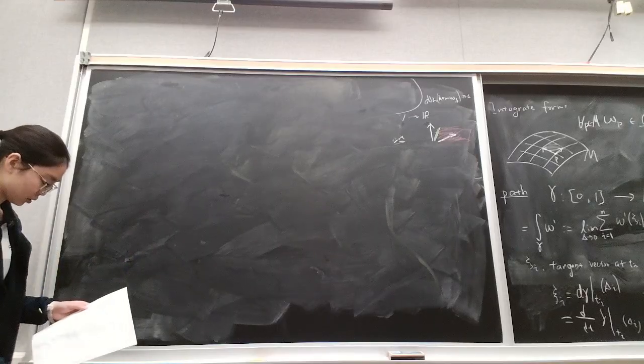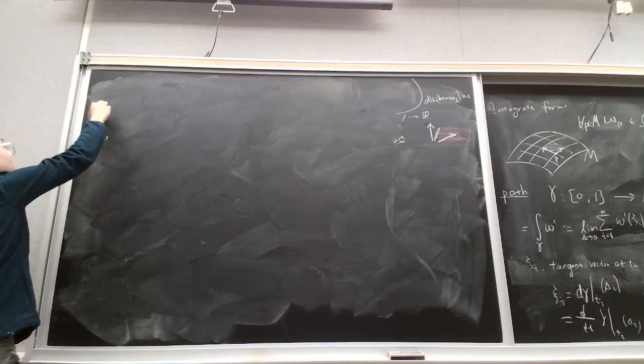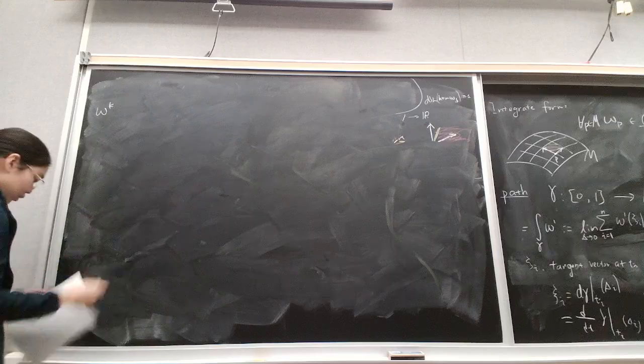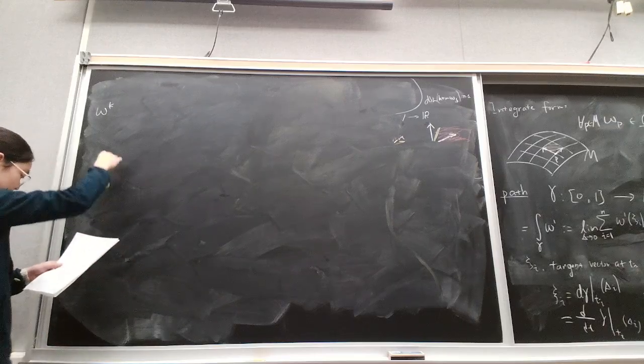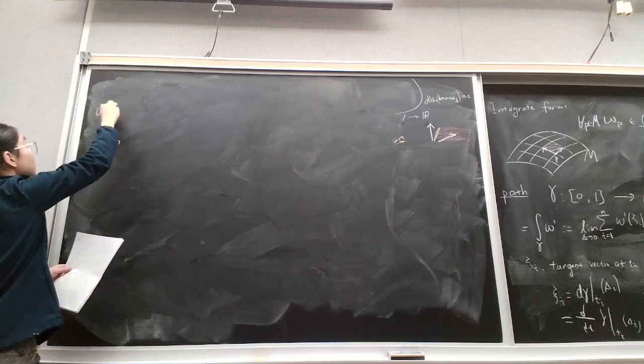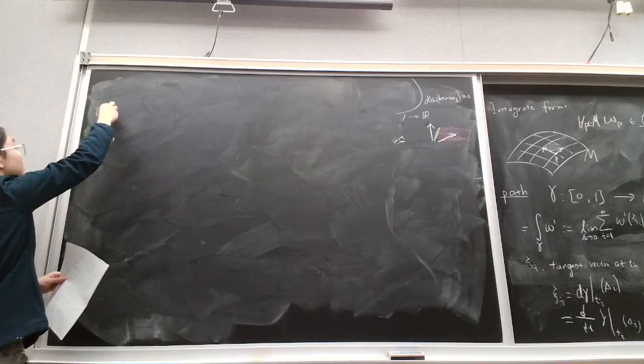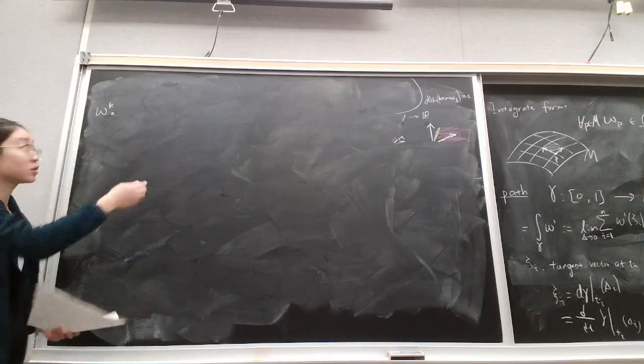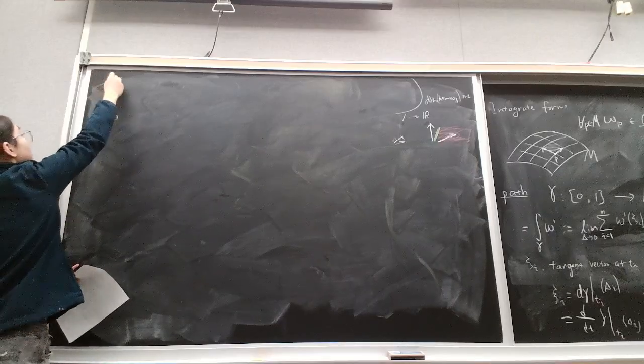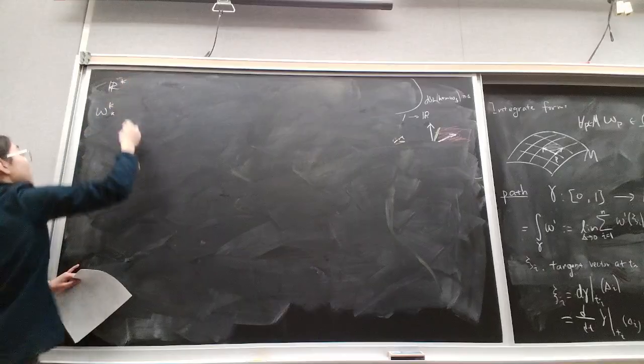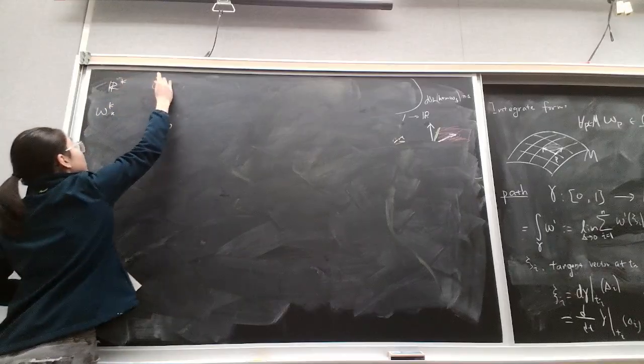Okay, so let's say we have omega k. Let's say x is a point in R^k.